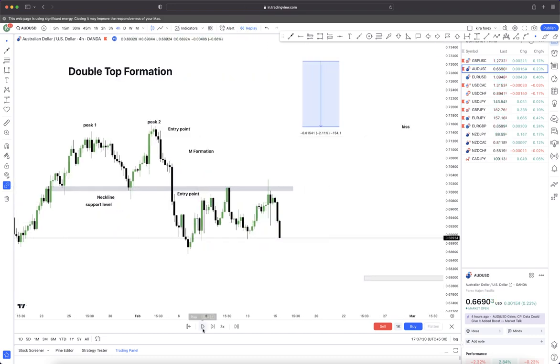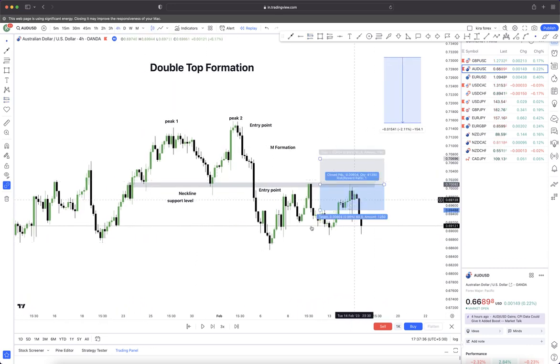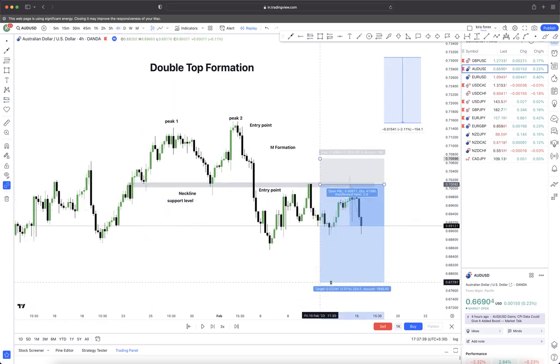Immediately there is this reaction and this rejection. It is telling us that the bears are still in power. So immediately we will pull out our short position tool, drop it here, and take our profit using this measurement.